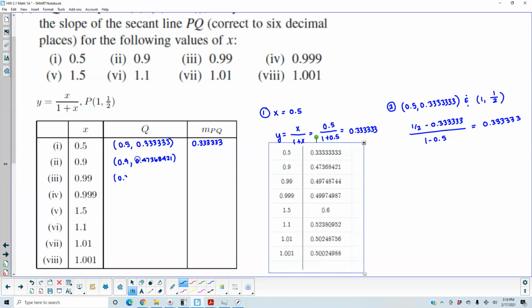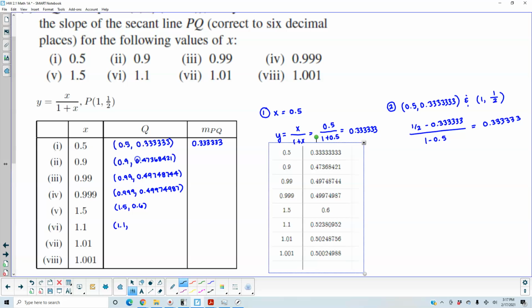For 0.99, we have 0.49748744. For 0.999, we have 0.49974987. And for 1.5, we have 0.6.